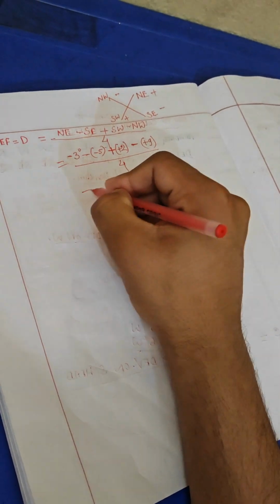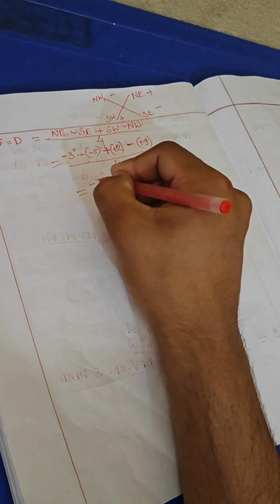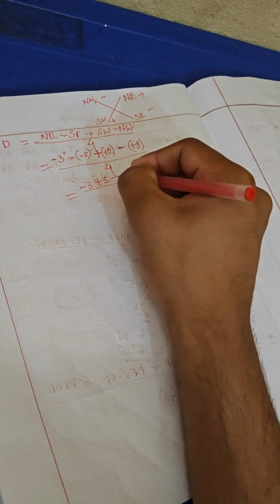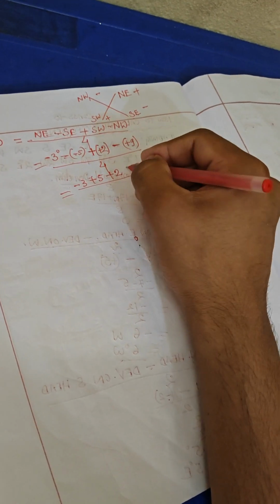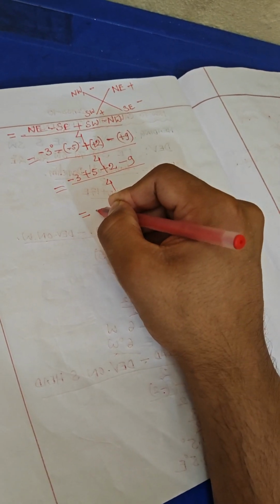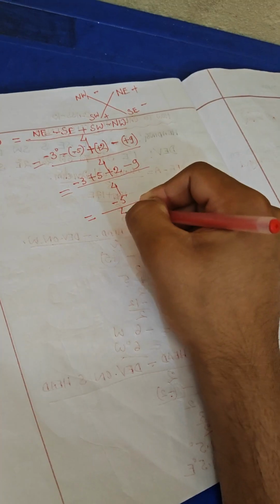So now you calculate this one: minus 3 minus minus plus 5 plus 2 minus 9 by 4. So you can find the value, I think minus 5 by 4.